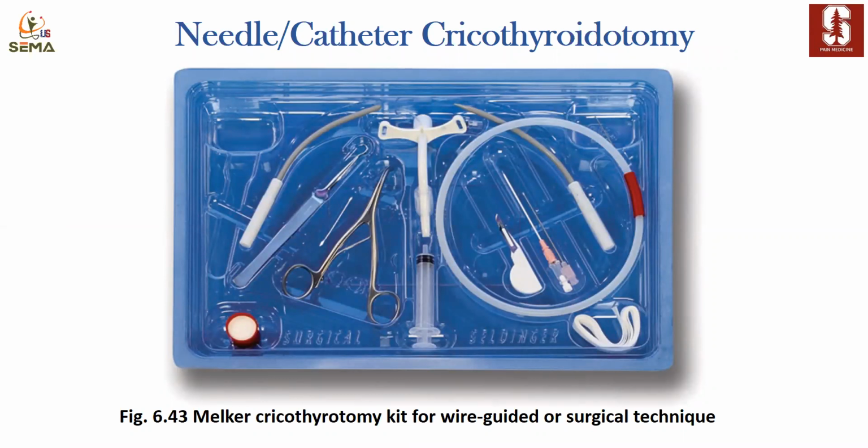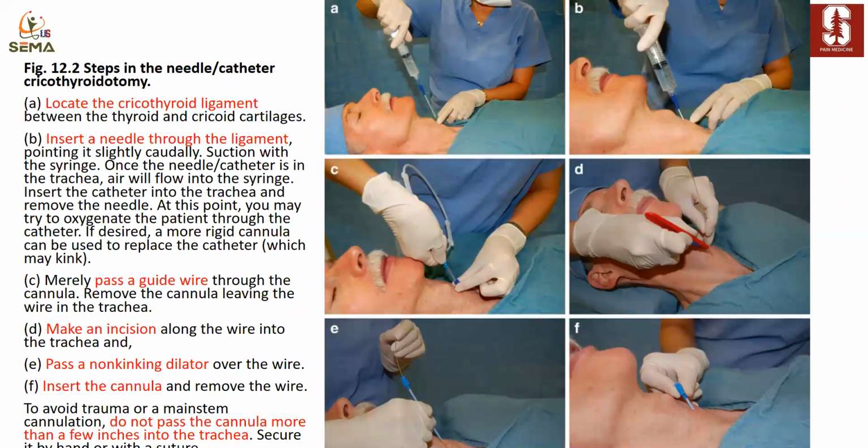cricothyrotomy. And if you don't have a kit, basically all you need is a 15 blade knife to open the ligament, and a very small tube or even a needle. So the steps are very simple, but again, you need to practice this.